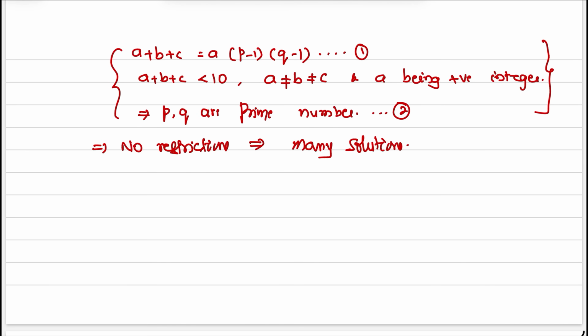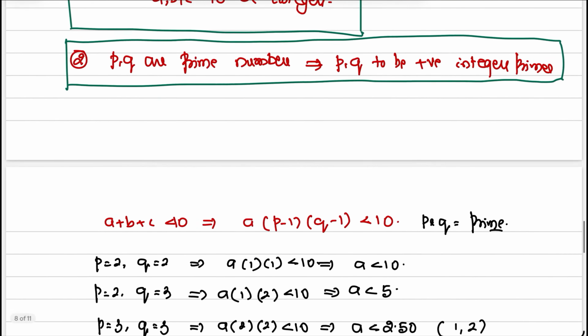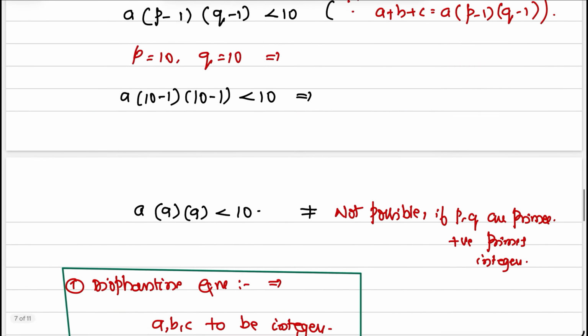If the conditions are not given, there are infinite solutions. If the conditions are given like a plus b plus c is less than 10, we have different kinds of a, b and c. Here, if a is equal to 1, let us say a typical solution, b is equal to what we have got previously.